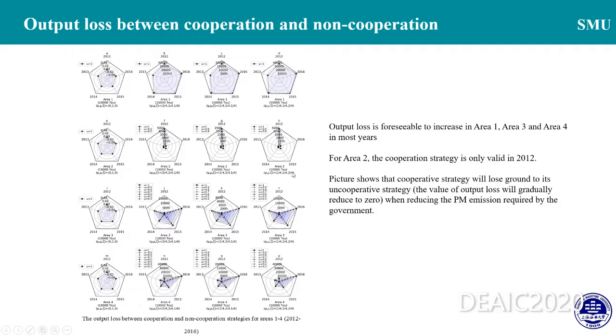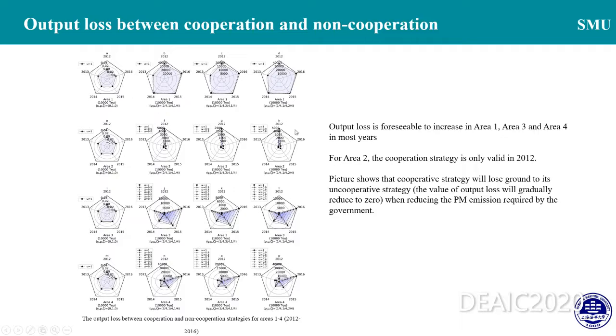In the other directions, output loss is foreseeable to increase in areas 1, 3, and 4 in most years. We give a possible explanation: some members may become more and more inefficient, resulting in forced improvement with cooperation.